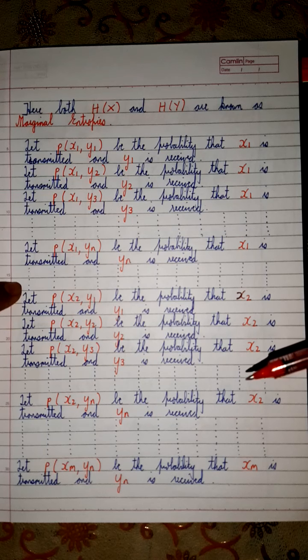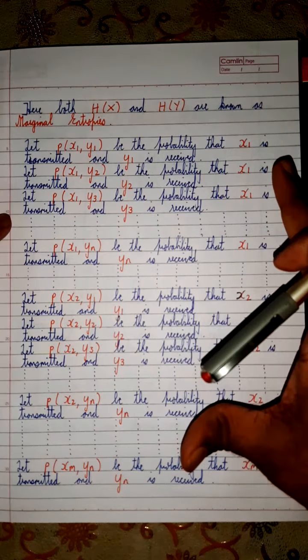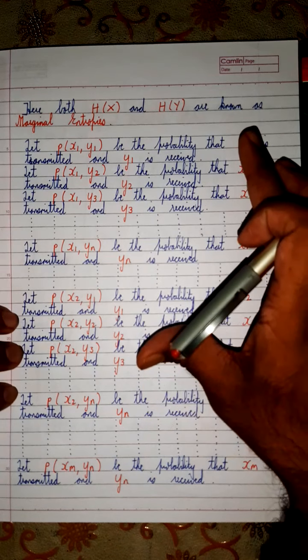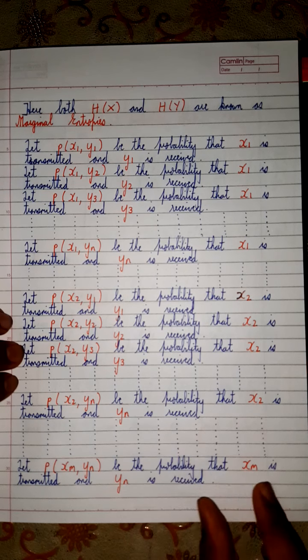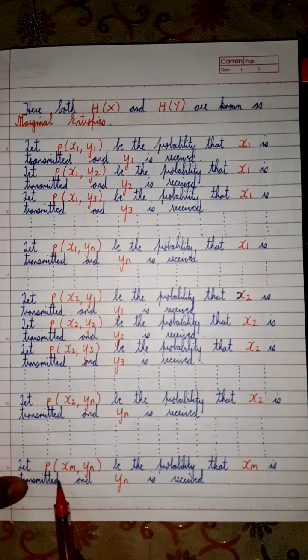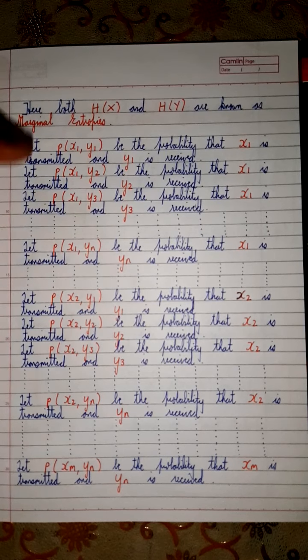How many transmitted symbols are there? M transmitted symbols. And how many received symbols are there? N received symbols. For each of these joint probabilities, the corresponding x is transmitted and the corresponding y is received. The last element is this, since there are only m transmitted symbols and n received symbols. Let P(xm, yn) be the probability that xm is transmitted and yn is received. So I have covered all values of x and y.